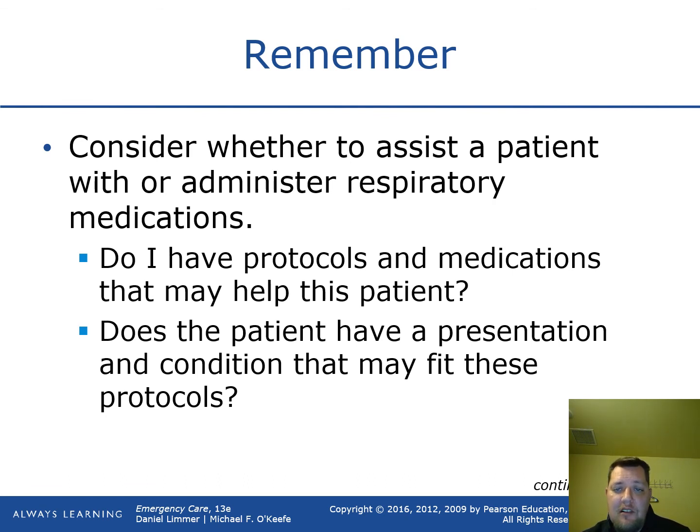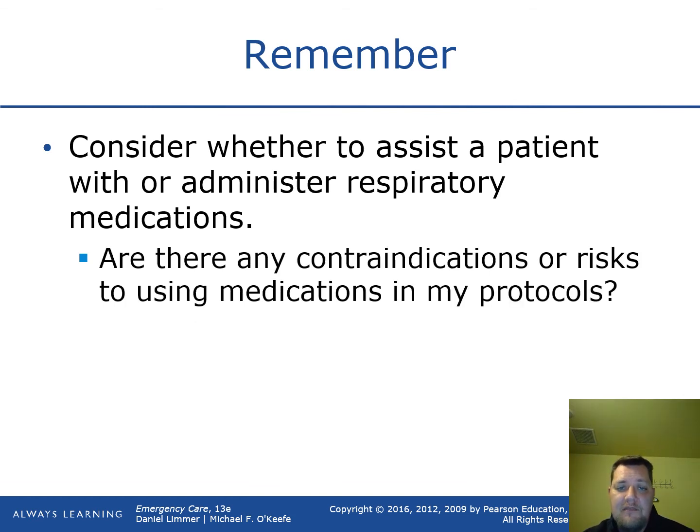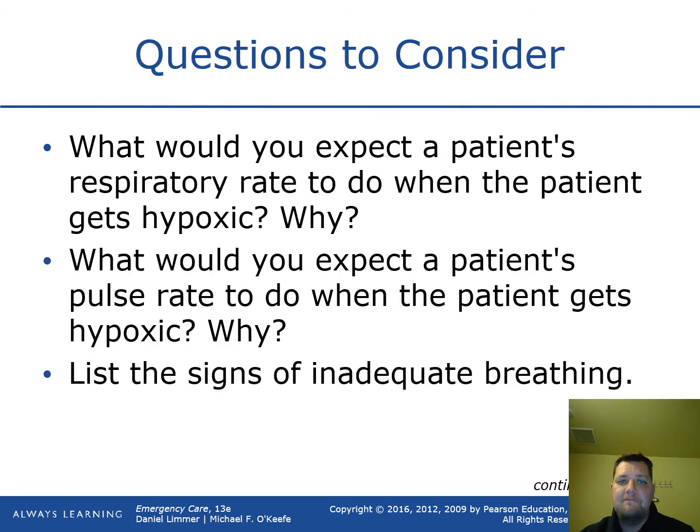Do I have protocols and medications that may help with this patient? Does this patient have a presentation and condition that may fit these protocols? Are there any contraindications or risks to using those medications in my protocols? Those are all things to consider.